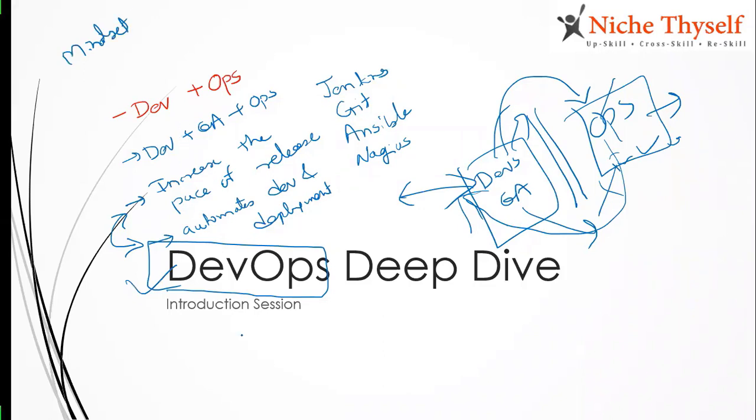When you work in a collaborative way, you will understand what challenges operations is going through, and ops will understand what challenges devs and QAs are going through, so that we have empathy toward each other rather than apathy, right? So we try to understand each other's problems and help each other. For example, Google, right?